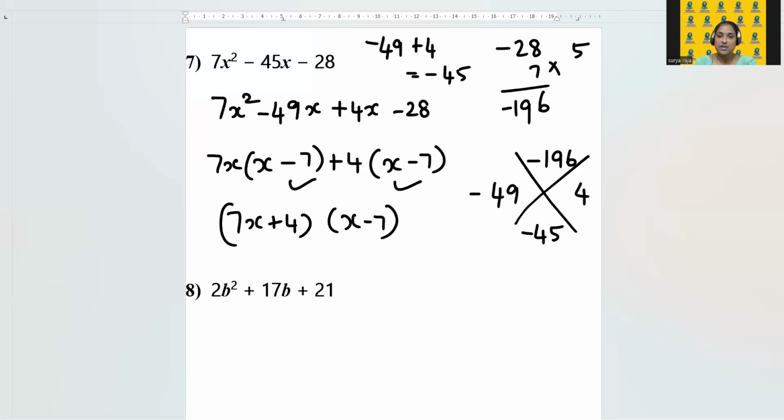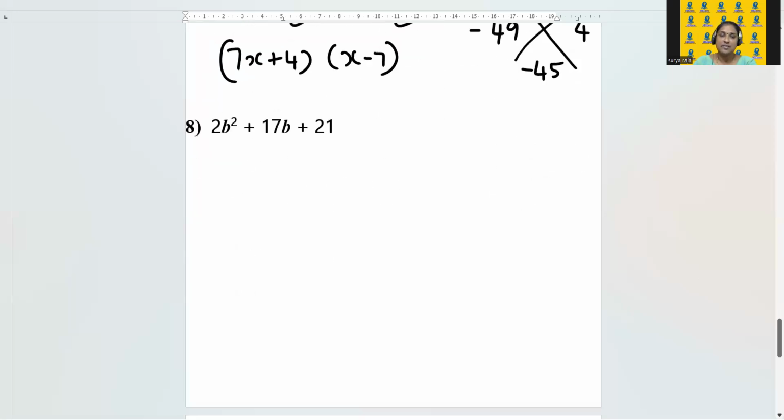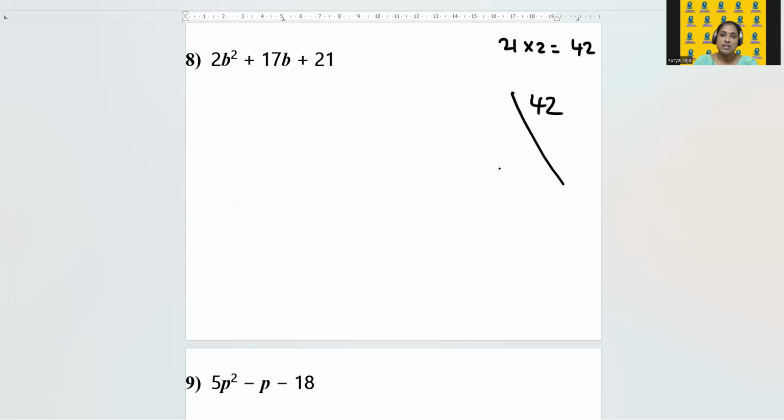Let me take you to the next sum. 2b square plus 17b plus 21. So 21 times 2 would be 42 to be taken. Finding factors next. When you multiply both, you should get plus 42.